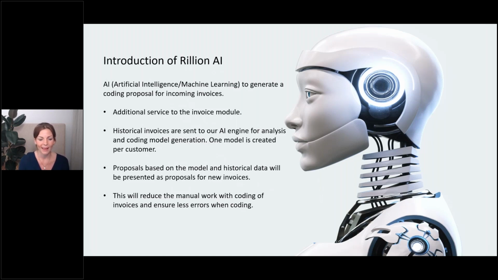But it's really cool, and it works really, really well. And it's especially good now before the summer. And you don't need a training period for it, because you already have that. We can look at all your historic data you have in Rillion today. And the AI will probably be much better at adding the correct coding than your substitute that doesn't usually do this daily.